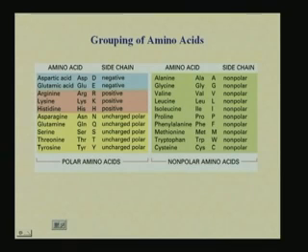Now what does this mean? If we have a negative amino acid or a positive amino acid, these amino acids, as I mentioned earlier, are likely to be on the surface of the protein. Why? Because they are going to interact with the solvent. You know that when you are speaking about the solvent, the protein is where?